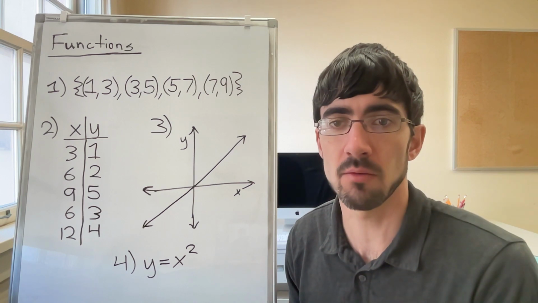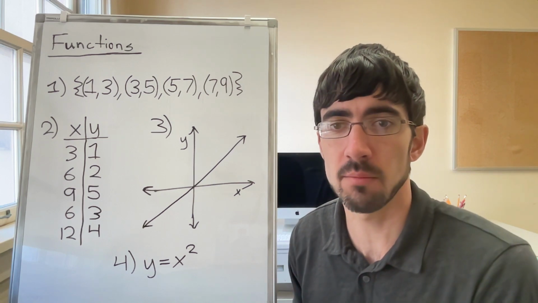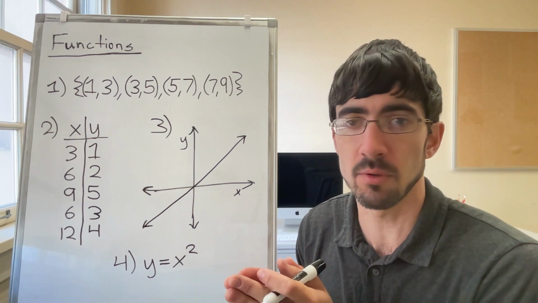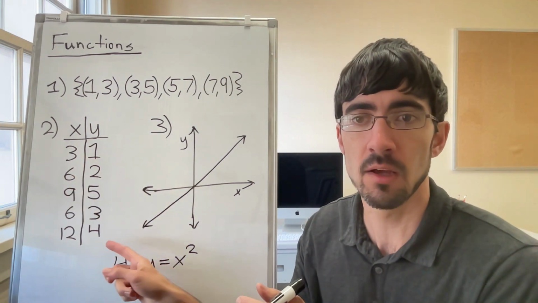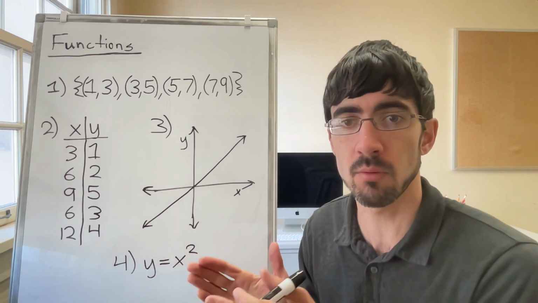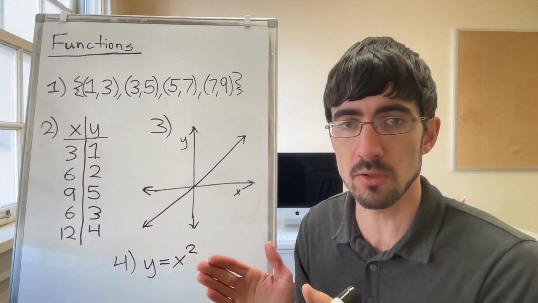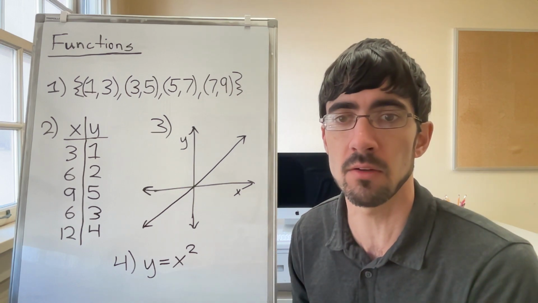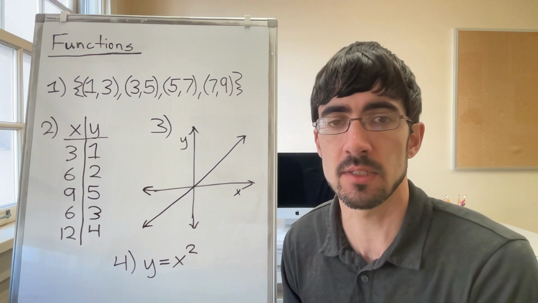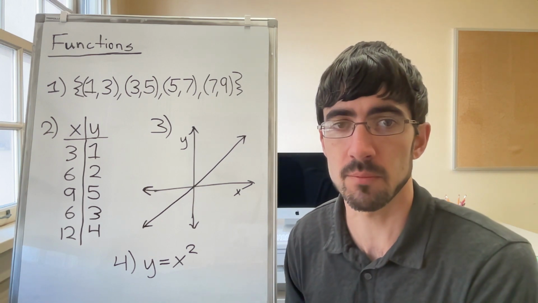And the domain and range of relations can be finite or discrete, a countable number of distinct points, or infinite, like we'll see in number 3 and number 4, where the domain and the range are a whole interval or range of values. Let's evaluate each of these examples and test whether or not they are a function.